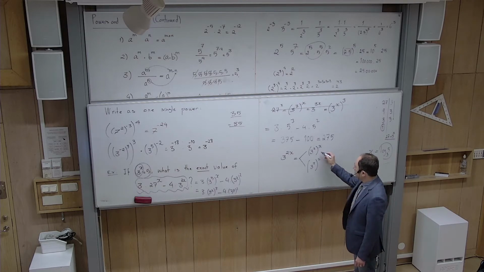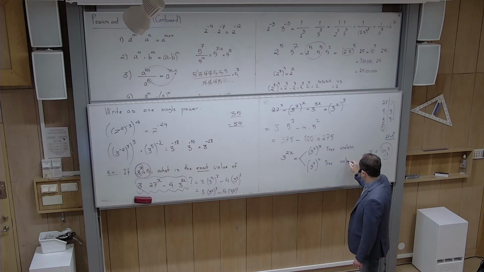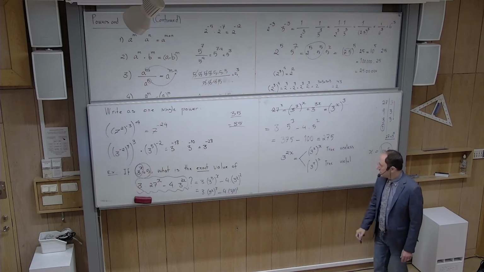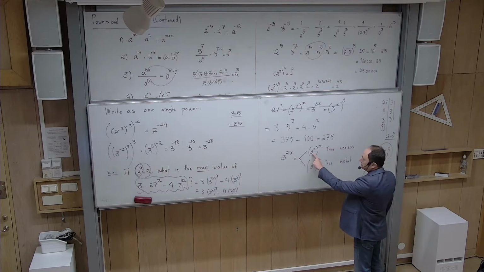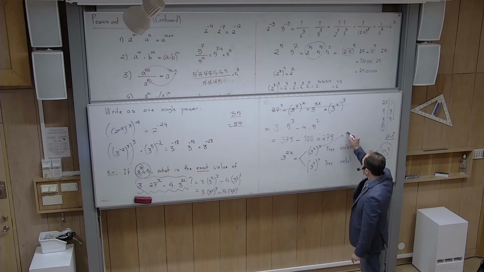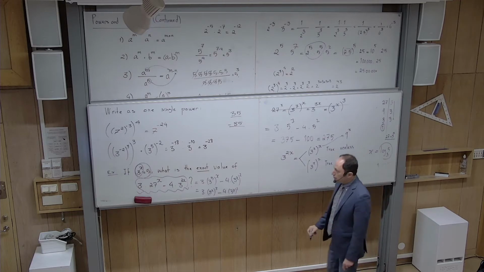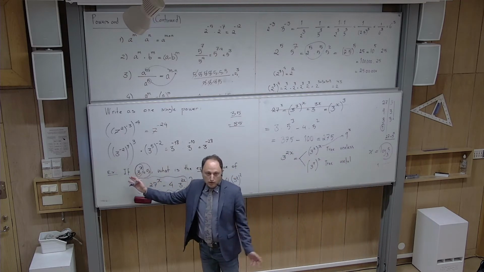But this is true but useless. This is true and useful. Why is that? Because if I write it like this, it becomes 9 to the x. Do I know 9 to the x? No, I know 3 to the x.